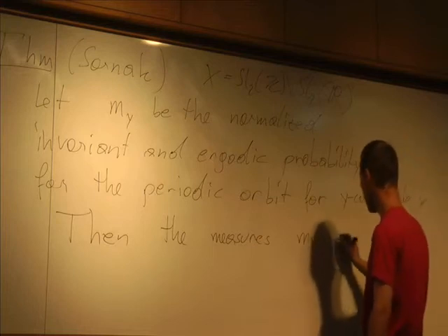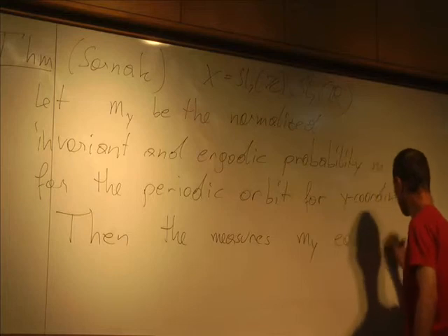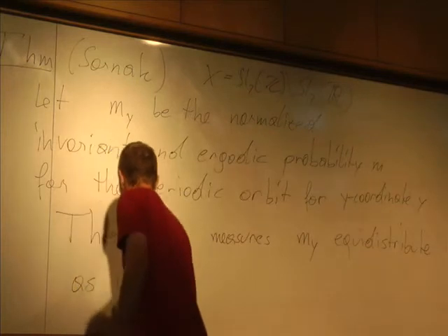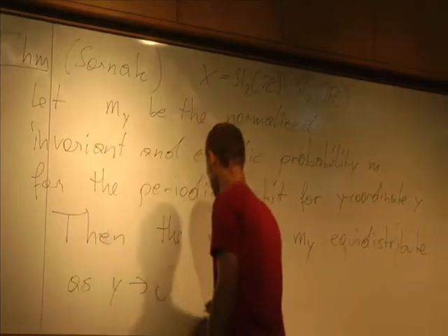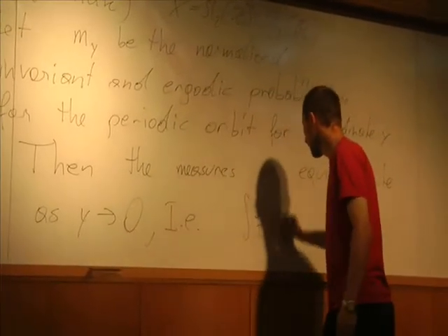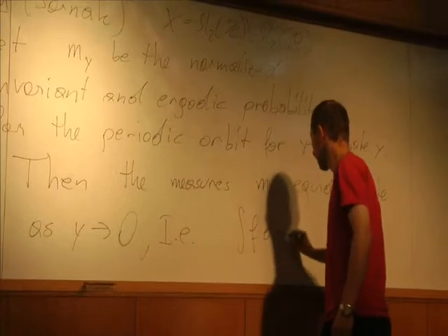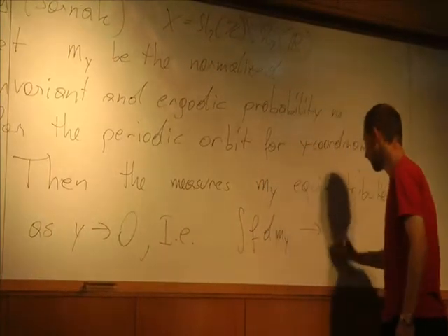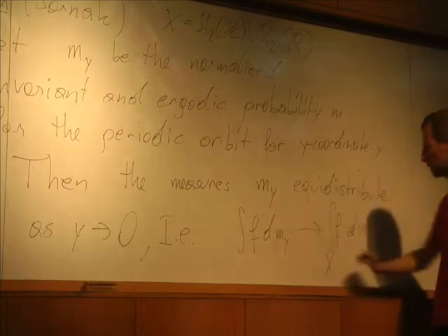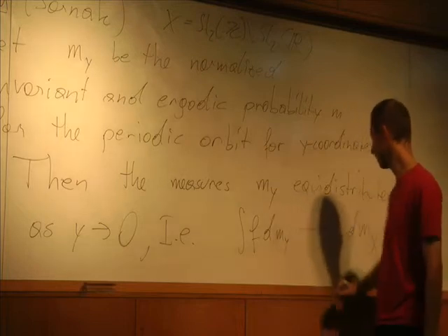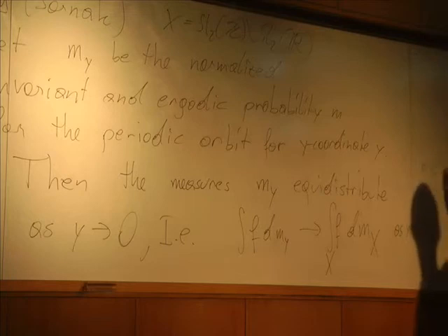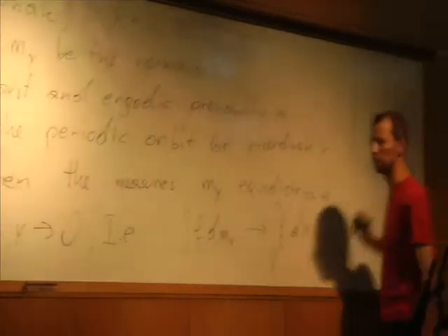Then the measures mu_y equidistribute as y goes to 0, i.e. the integral of f dmu_y converges to the integral of f dm_X. That's a different, that's capital, that's little, as y goes to 0, for every f in C_c(X). This time the C_c is important.